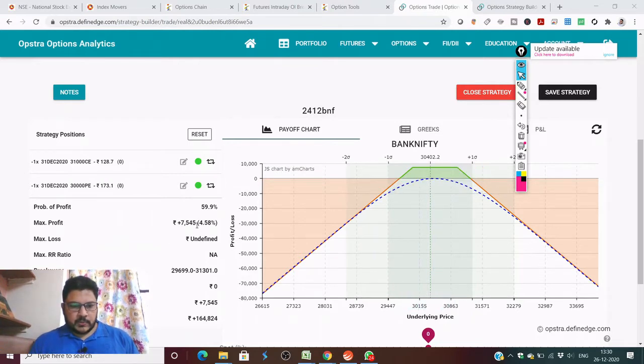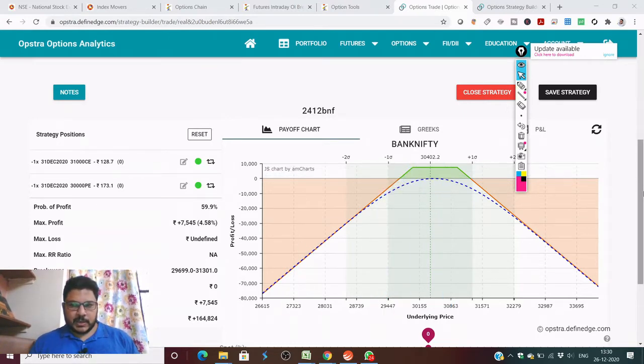So your maximum profit can be 7,545, but the maximum loss, if the market happens to move to either side, any unforeseen event happens, like it gaps down or crashes, then in that case you will lose a lot of money here, like 13,000, 14,000.